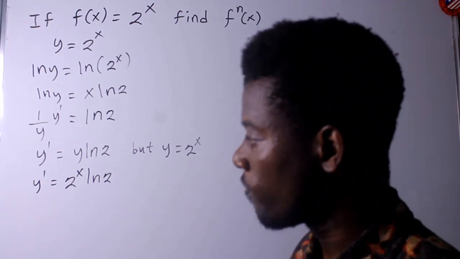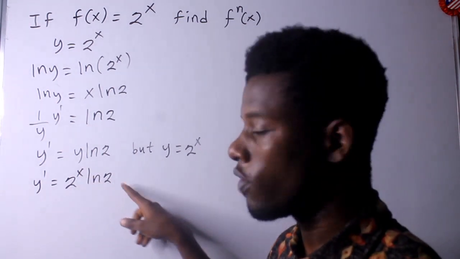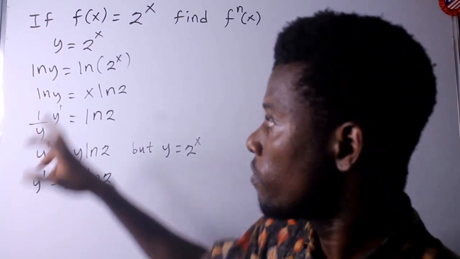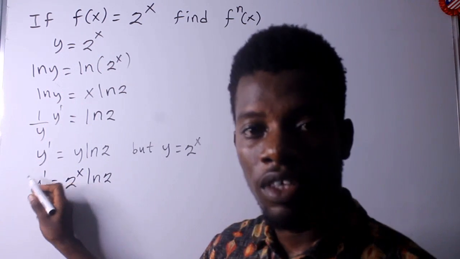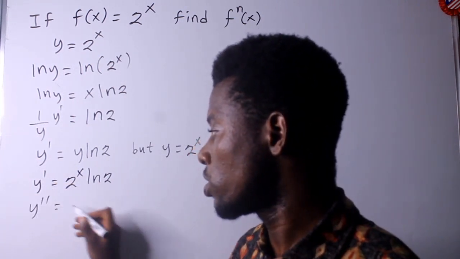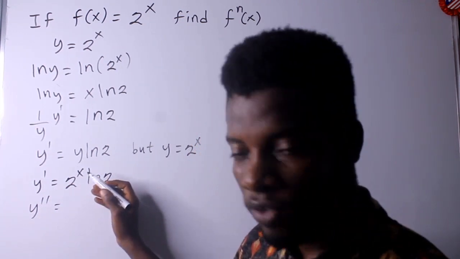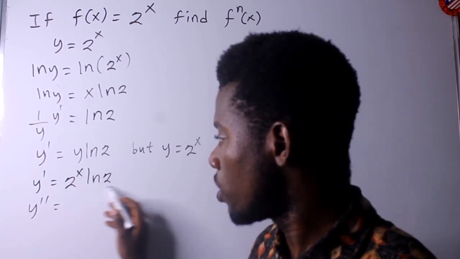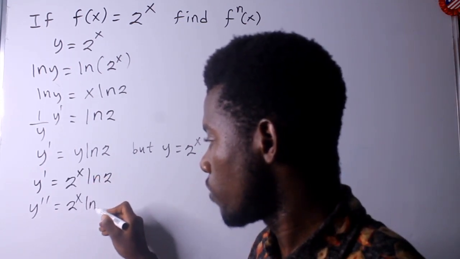We can go on again to find the second derivative. We know the first derivative is 2 raised to the power of x times ln of 2. That's the derivative of 2 raised to the power of x. So the second derivative, meaning the derivative of y prime, will be y double prime is equal to, if we differentiate 2 raised to the power of x, the derivative is 2 raised to the power of x times ln of 2.